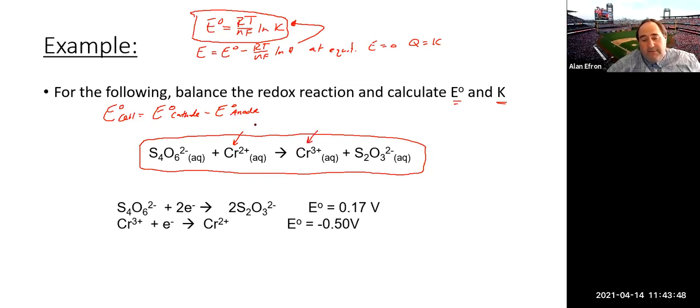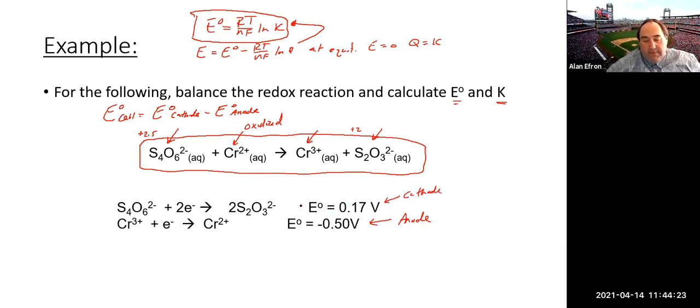So our chromium's actually being oxidized, which means this guy right here is going to be our anode. And our sulfur here is actually being reduced, from like a 2.5 to like a 2 on that side, believe it or not. It is getting reduced, also losing oxygen as it goes to the right. So this guy would be our cathode.